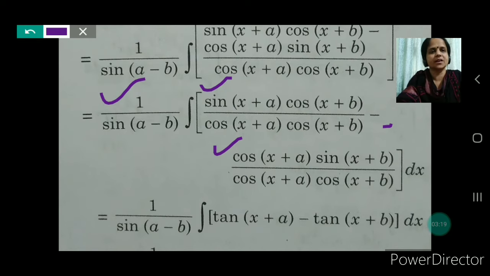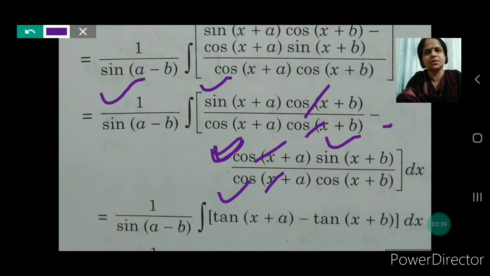Now see in the first term, here cos x plus b and cos x plus b will cancel and you will get tan x plus a. In the second term, cos x plus a will cancel with cos x plus a and we will get tan x plus b.